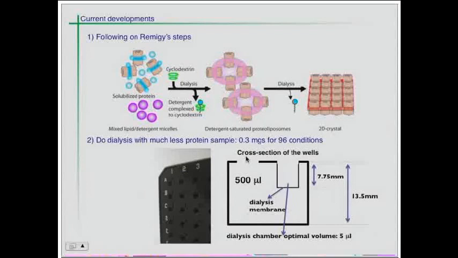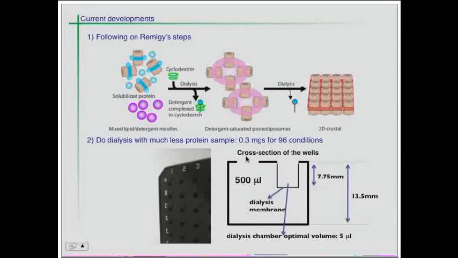And as we move to eukaryotic membrane protein targets, we no longer have 3 milligrams of protein. So in collaboration with GM Biosystems, we have developed, it's not nano, but it's a micro dialysis device, which now only uses 5 microliters of sample instead of 50 microliters. And basically, this is each of the dialysis wells.